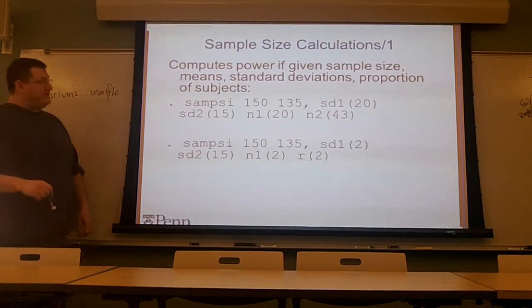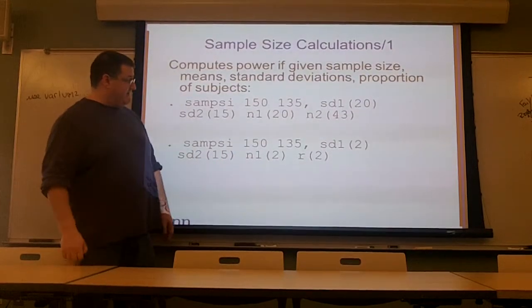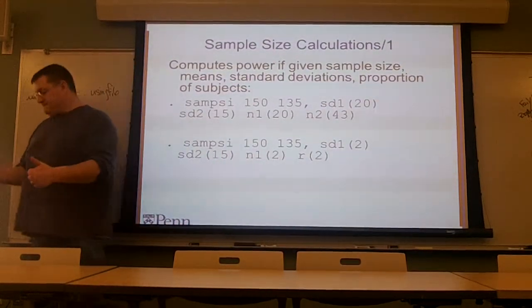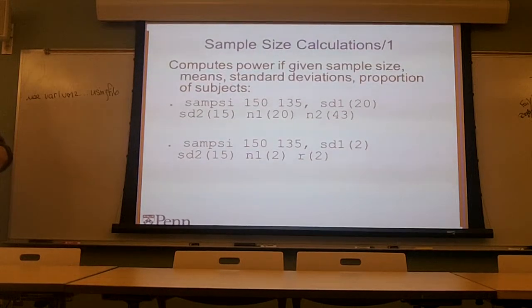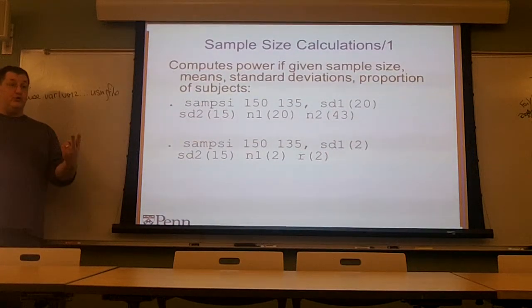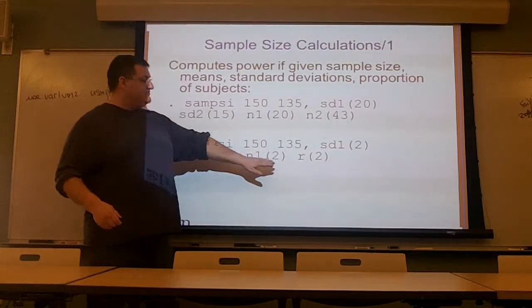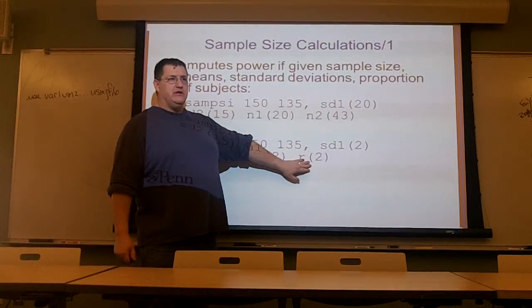Now there's also a thing that we could do. If I wanted to have some fixed ratio between my treatment and my control group, let's say for every control patient I wanted 2 treated patients, I can set up a ratio here.